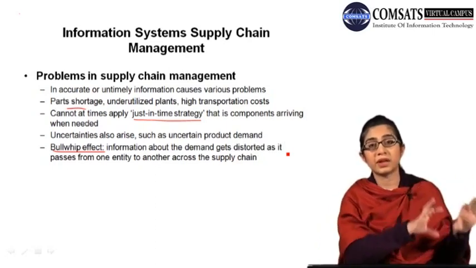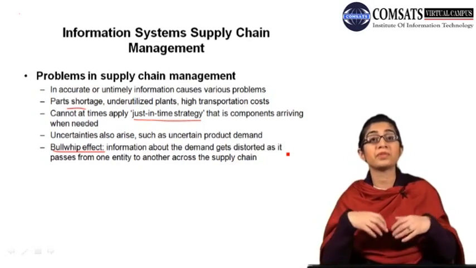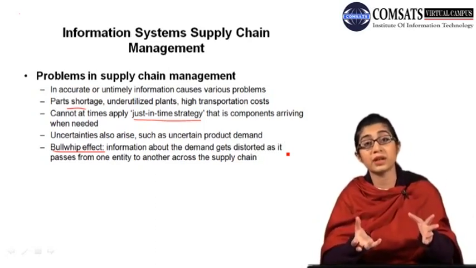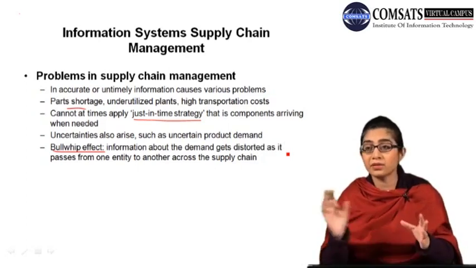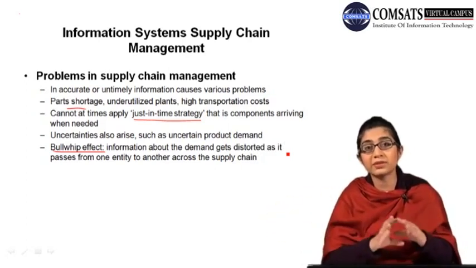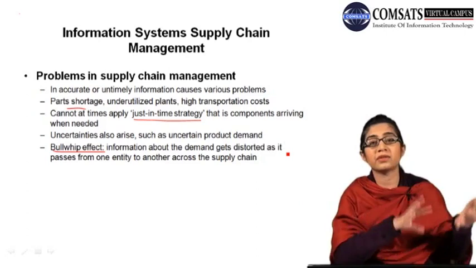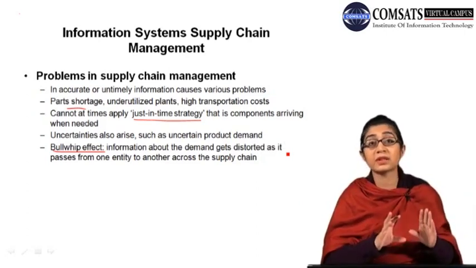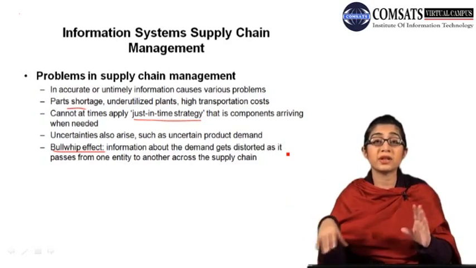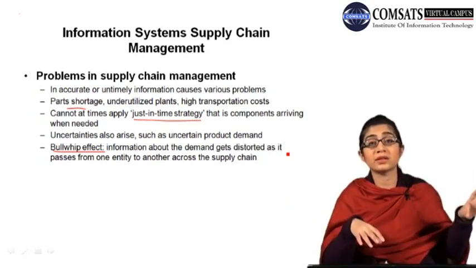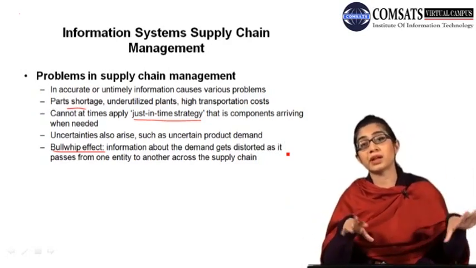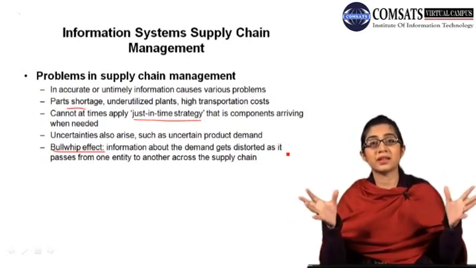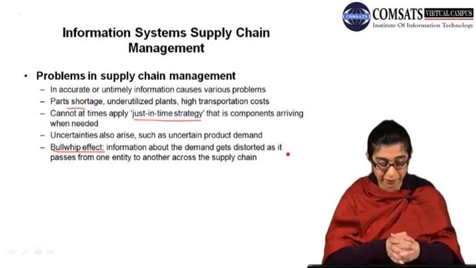At suppliers and distribution centers, the product or its raw materials start stocking up, even though the demand has finished by that time, the inventory has still been stocked up. So this is called the bullwhip effect: by the time the information reaches the other suppliers, the demand can be completely exaggerated.